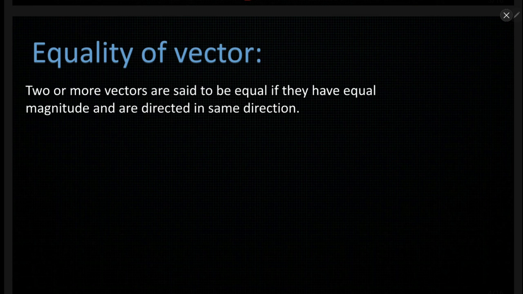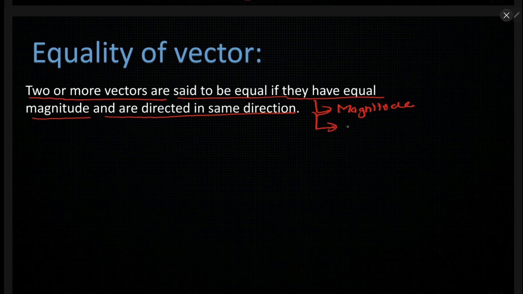Equality of vectors. Two or more vectors are said to be equal if they have equal magnitude and are directed in the same direction. Therefore, two vectors to be equal should have the same magnitude and should have the same direction.